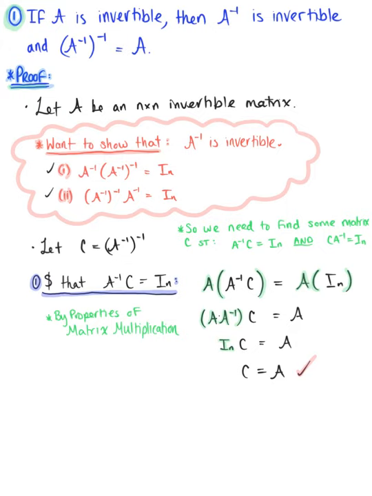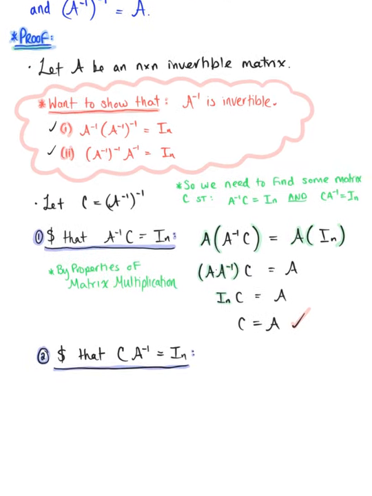So for case 2, we want to suppose that this matrix C multiplied by the inverse of matrix A is equal to the n by n identity matrix. And again, our goal is to show that this matrix C is equal to matrix A to allow the inverse of A to be invertible.